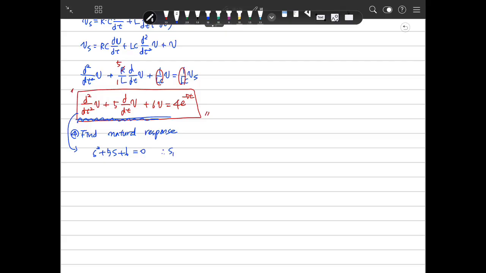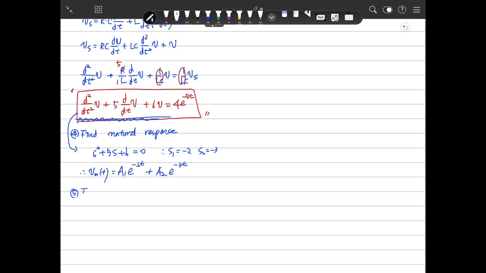Therefore, s1 will be minus 2, s2 will be minus 3. Then V(t) can be written here as A1 exponential minus 2t plus A2 exponential minus 3t.